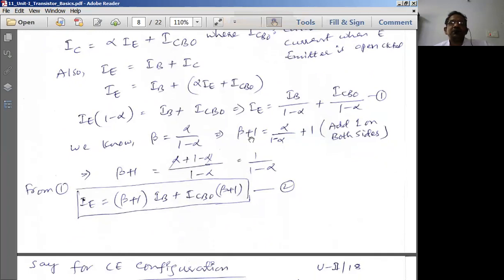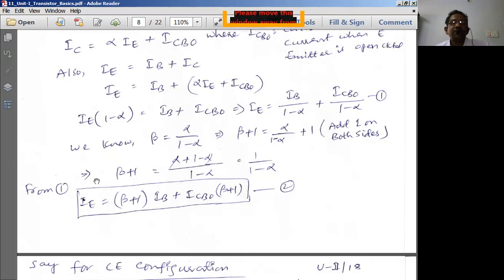Now we already know the basic equation that beta is equal to alpha by (1 minus alpha). If we add 1 to LHS and RHS, I can write beta plus 1 equals alpha by (1 minus alpha) plus 1.